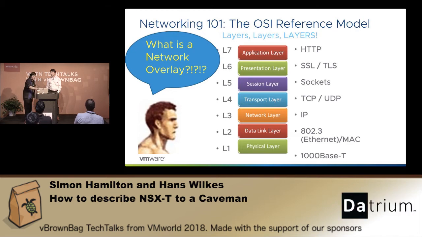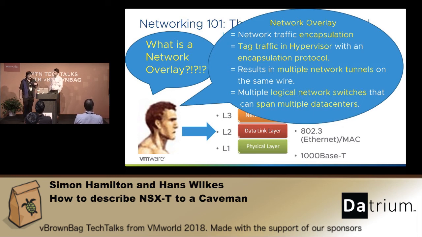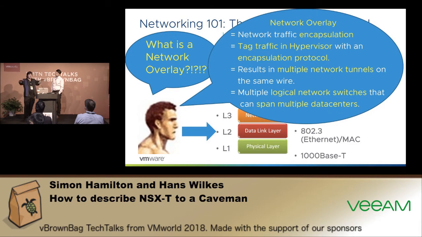So this is where we say, all right, well, let's go to layer 2. Let's look at that. And the function of layer 2, again, is that port MAC address table. But we need multiple switches here. We need multiple logical networks. We need to be able to create multiple logical networks in hypervisors and then distribute that across multiple hypervisors, okay?